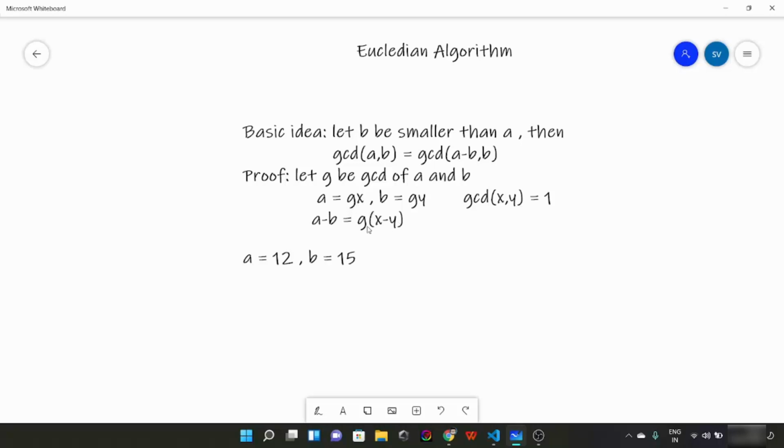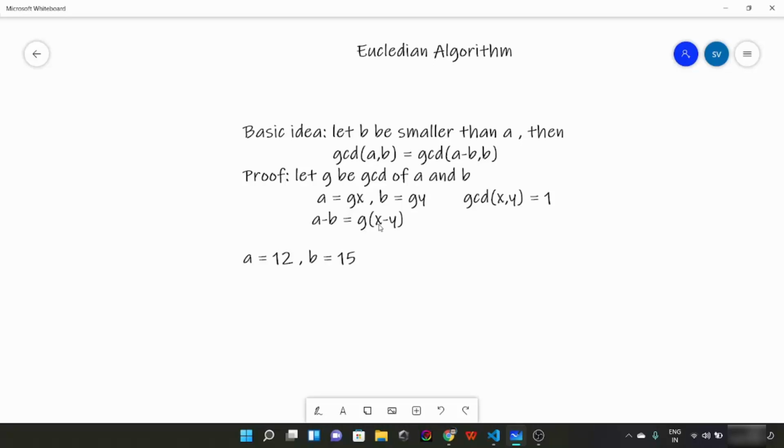And if I ask what would be the GCD of A and A minus B, since x and y don't have any common divisor, their GCD is 1, so they won't have any common divisor. So the only term left is G, right? So G would be the greatest common divisor of A and A minus B, and similarly GCD of B and A minus B is also going to be G, right?